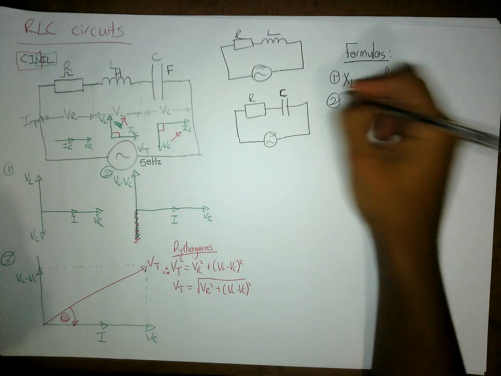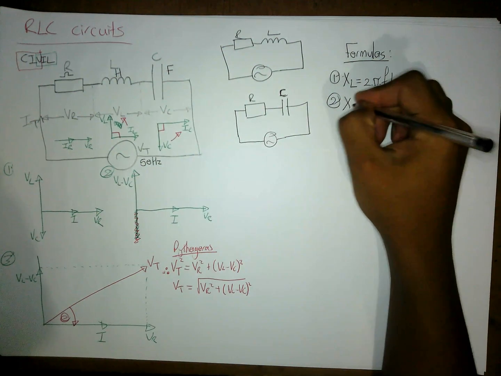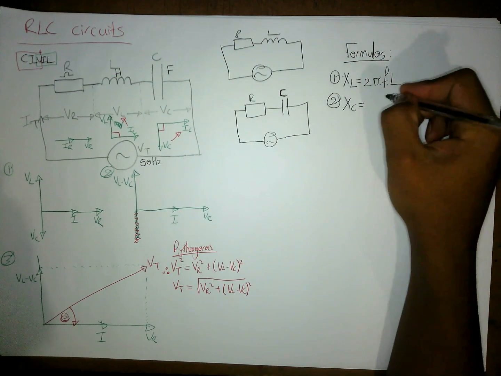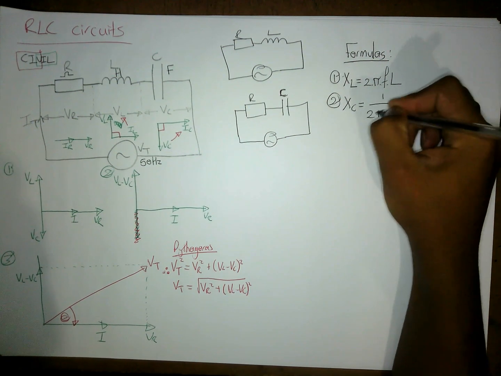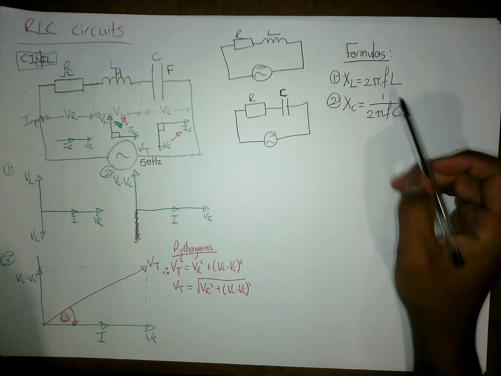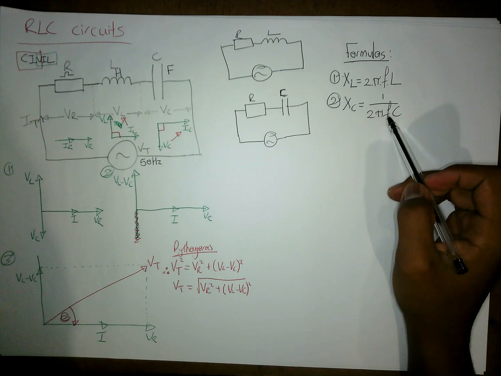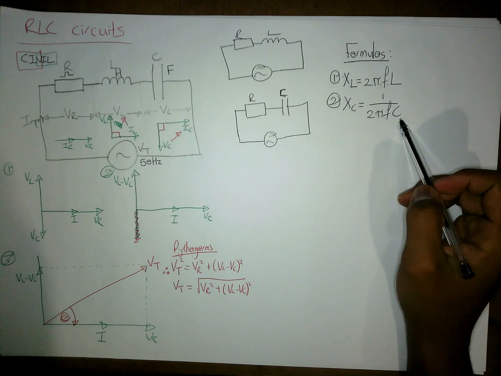Number 2, for capacitive reactance, XC equals 1 over 2 pi FC: 1 over 2 times pi times the frequency of the circuit times C, the capacitance.